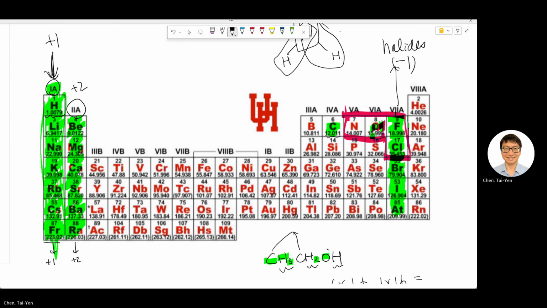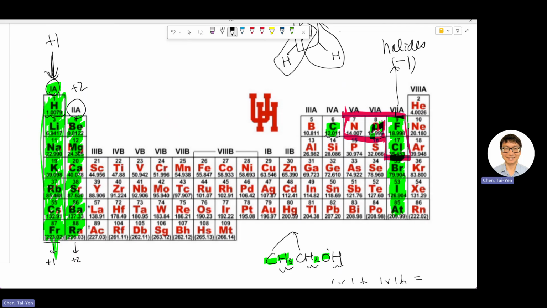The second column will be positive 2. Do you see that calcium is one example? We just went through calcium chloride, right? How do I know it's calcium 2 plus? Because it's a 2A element.